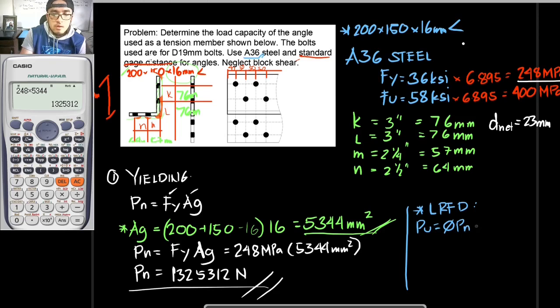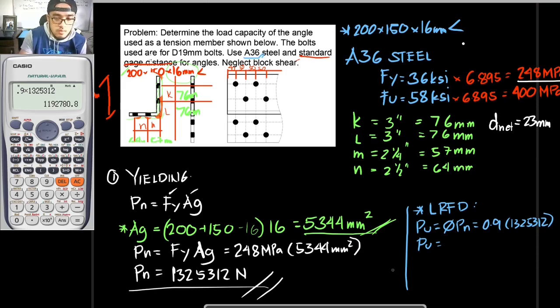So this is to be 0.9 times Pn, which is 1,325,312. So solving for the design strength, that is to be 0.9 times 1,325,312. Tama ba? So that is to be 1,192,780.